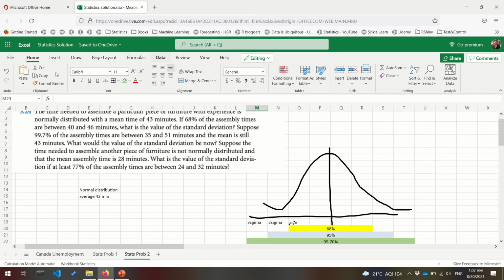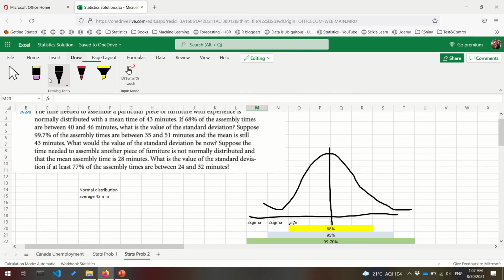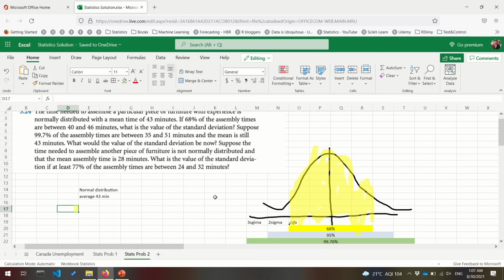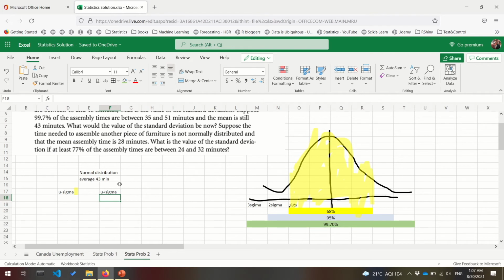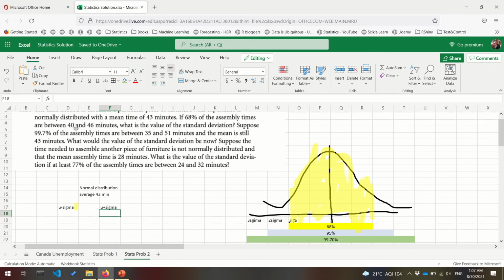Okay, now the problem statement says that 68% of the assembly times are between 40 to 46. That means we are talking about this area from minus sigma to sigma, the yellowish area. I know this range is mu minus sigma to mu plus sigma, and this range says that this is 40 to 46.